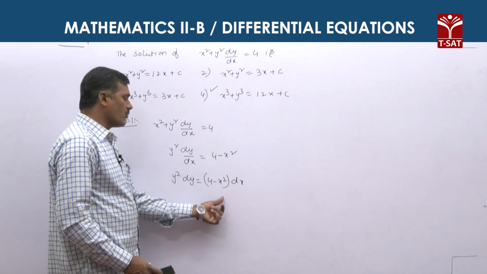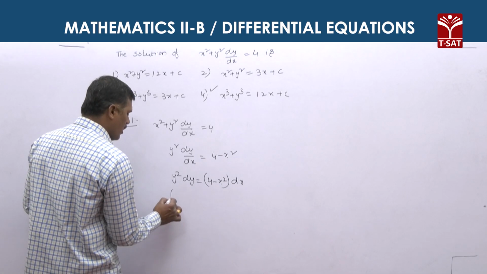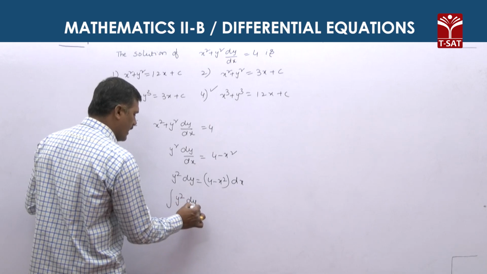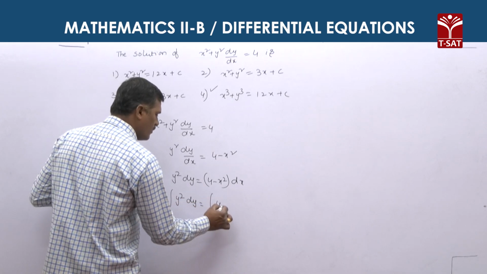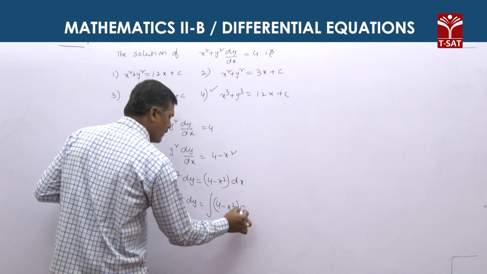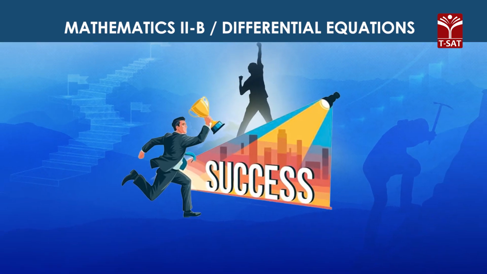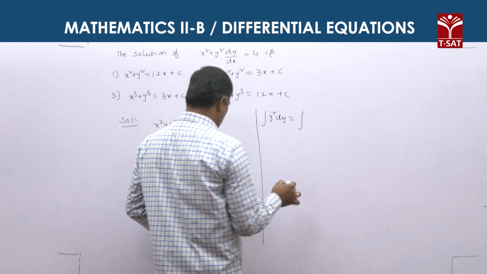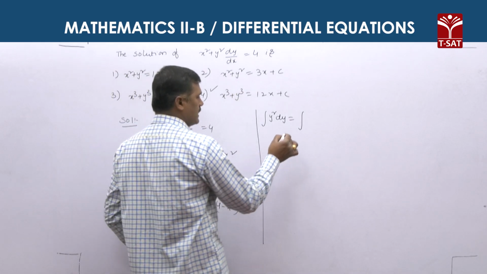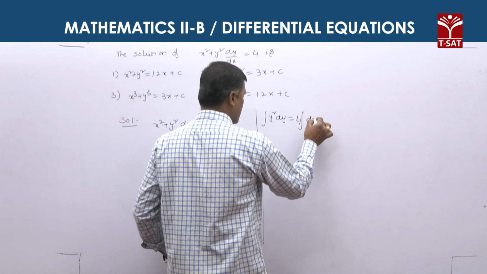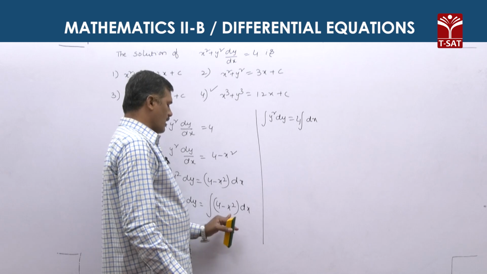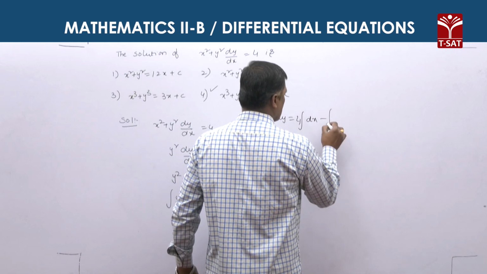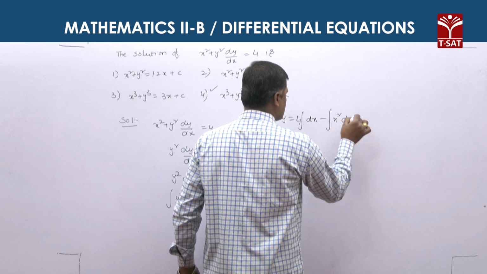Now integrating on both sides, integral of y square into dy is equal to integral of 4 minus x square into dx. Integral of y square into dy is equal to integral of 4 into dx, 4 constant taking outside, dx, minus integral of x square dx.